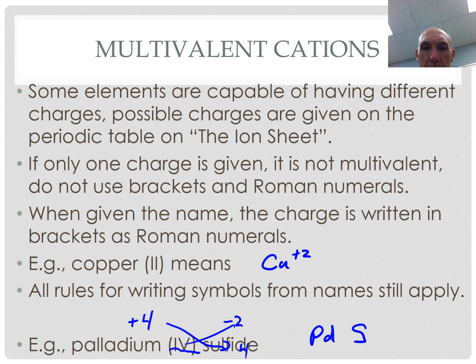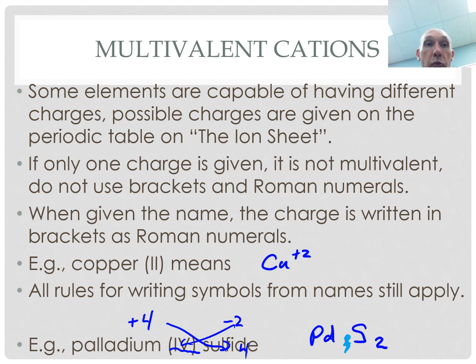And that means I want 2 for palladium and 4 for sulfur, but I can simplify the ratio. So palladium is going to be 1 and sulfur is going to be 2. The simplified ratio would have put a 1 here. I'm putting it in red just so you know that you're not supposed to put it there. So don't put the 1 there. I'm just telling you that that's what the ratio simplifies to, but we never write the 1s.